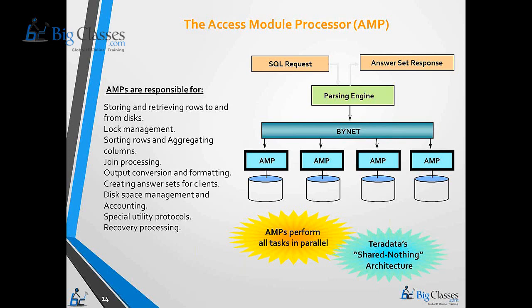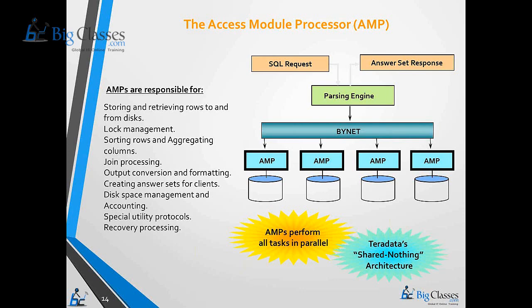The AMPs actually work in parallel, so it is a shared nothing architecture. That's why Teradata is called shared nothing architecture, because there is no sharing between different AMPs, as they work in parallel. For example, if you have 8 rows and 4 AMPs, two rows each, they'll work on the data and get the data back to the parsing engine.